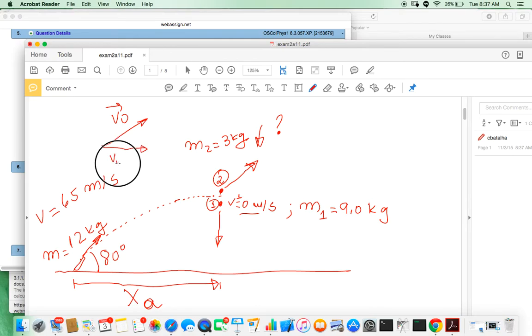The component in x is such that it never changes, and your velocity in the y direction changes all the time since the very beginning.